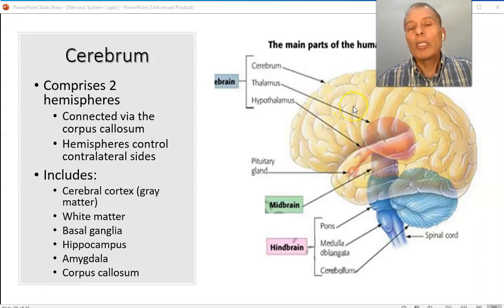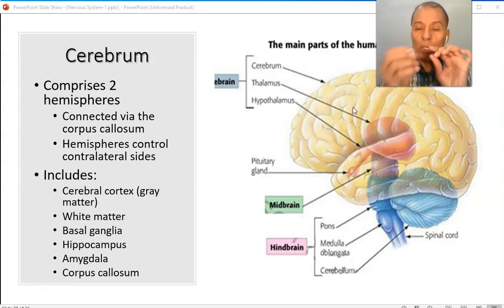It's mostly made of gray matter, because cell bodies consume a lot of oxygen and glucose, and the color of that mix is gray, pearl gray. This is where the name comes from.